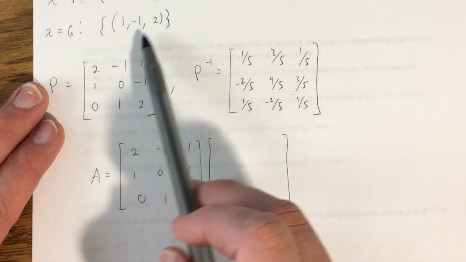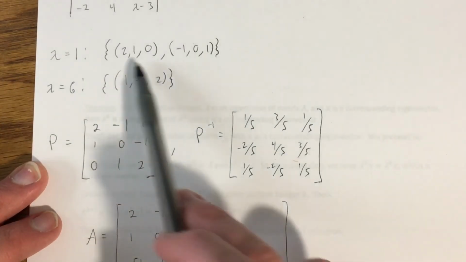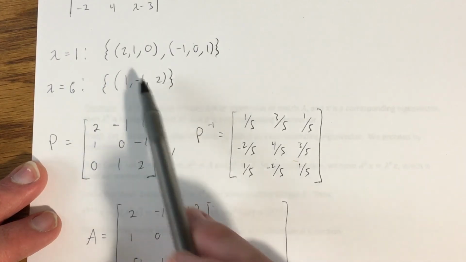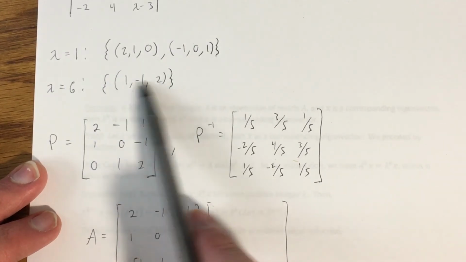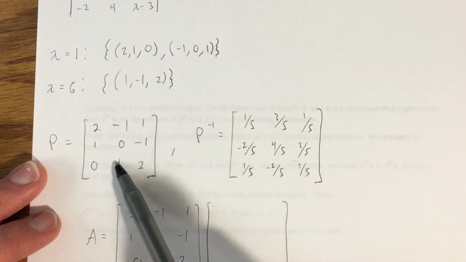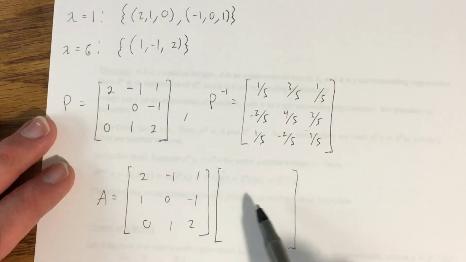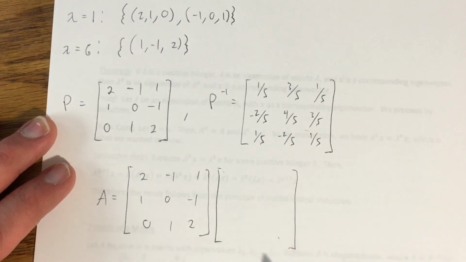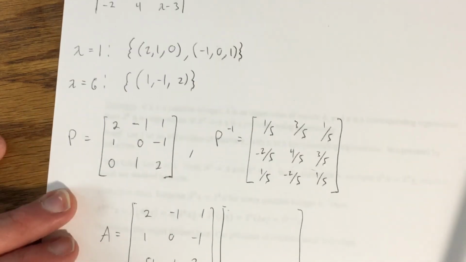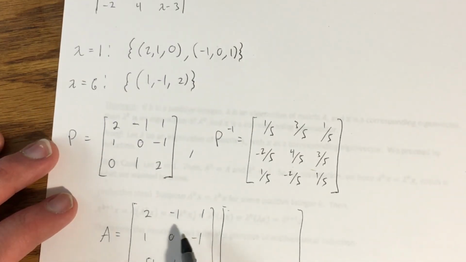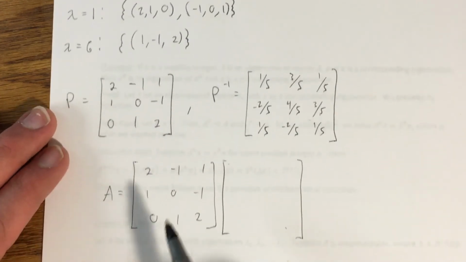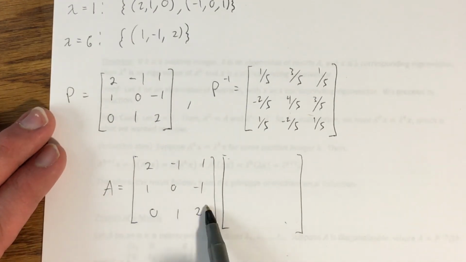Notice if I had worked my bases by finding this basis first followed by this basis, I probably would have made this my first column and then these my second and third columns, which would have been fine, but it would reorder these diagonal entries. As I go from left to right, columns 1, 2, and 3, the eigenvalues that these eigenvectors corresponded to are the ones that show up on the diagonal entries.